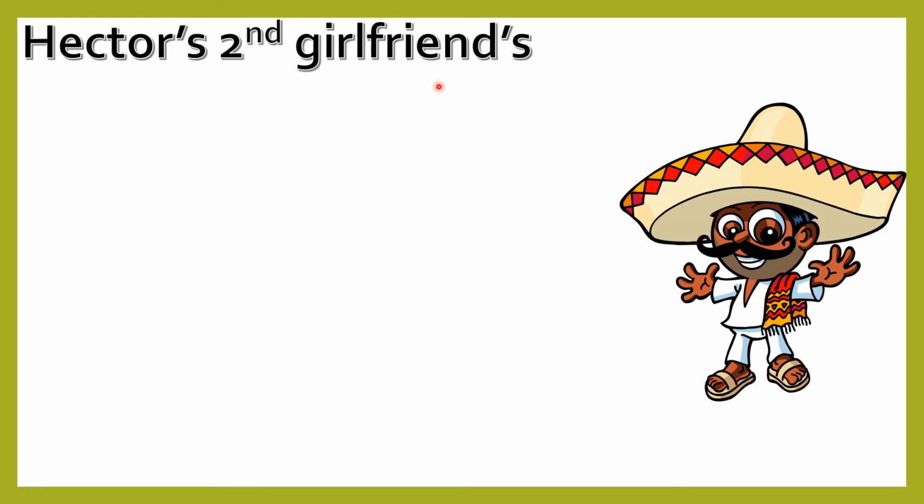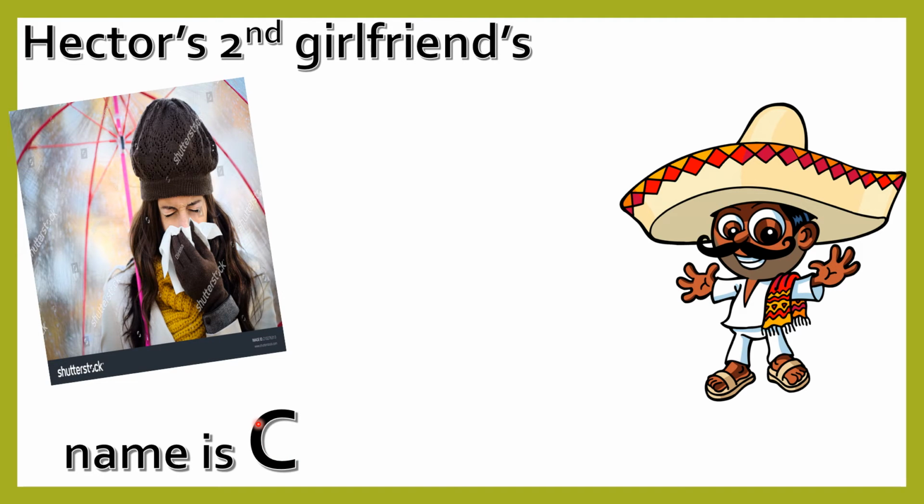Hector's second girlfriend's name is C. C, when you see it by yourself, it either says s or k, but not Hector's girlfriend. Every time she sees Hector, she says choo, choo, choo. Because when C gets beside H, they change the sound and say ch, like she's sneezing.